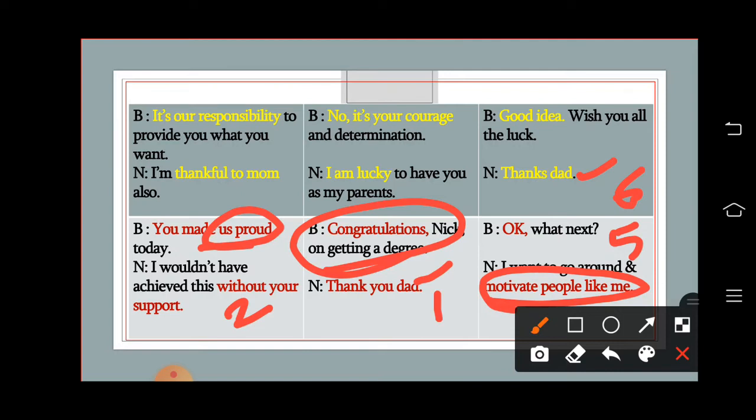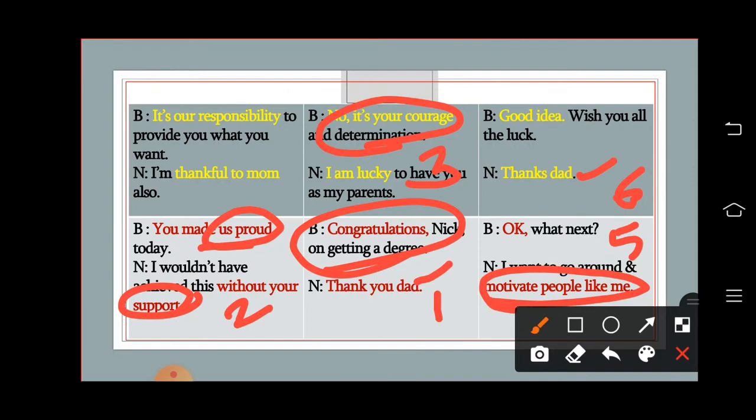So after 2, we have to identify 3. So if you look at the second part of the second exchange, Nick says that he could achieve a degree with his parents' support. So he says something about his father's support, but his father disapproves that and says it's all because of his courage and determination. So this may become the third exchange.